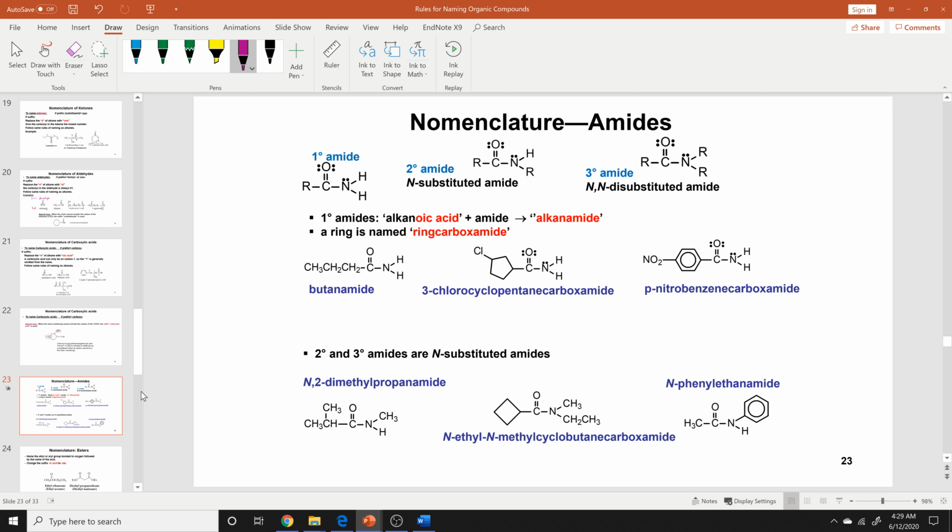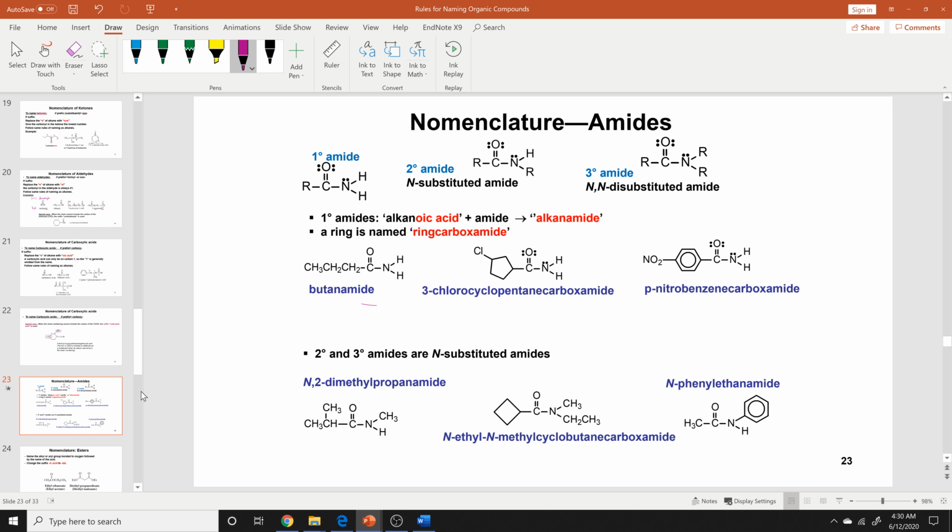Since amides are derivatives of carboxylic acids, you name it as a carboxylic acid, then you drop the oic acid and add amide. Why are you doing this? Because amides are derivatives of carboxylic acids. So when you want to name any amide compound, name it as an acid, drop the oic acid, and then add the word amide.